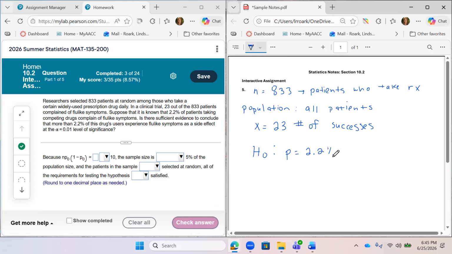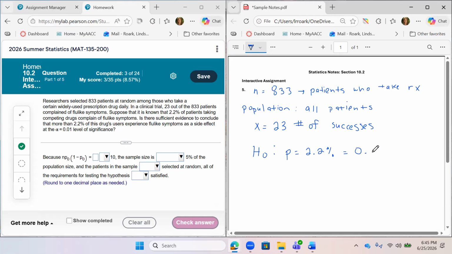And 2.2%, we do want to convert. It already has a decimal in it, but it is a percent, so we have to turn this percent into decimal form. We can take 2.2 and divide it by 100, or some people like to say move the decimal place two times.